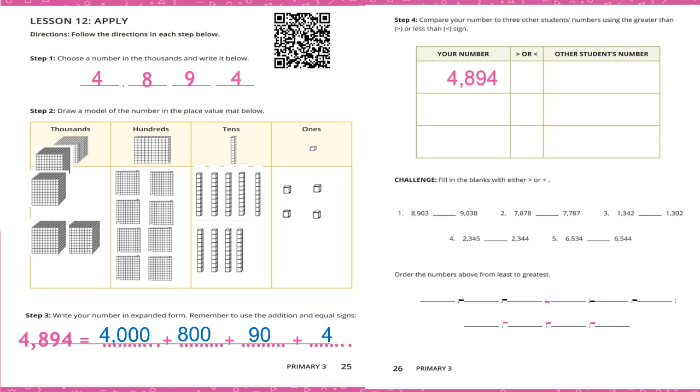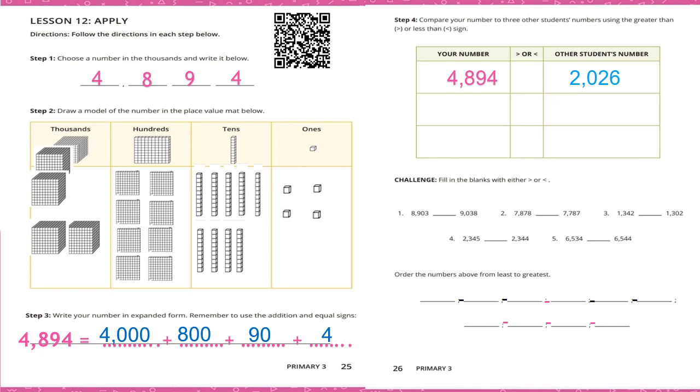Now let's compare our number to 3 other numbers. Here I have my number. If I give you another number, this one in blue color, let's read this number, 2026. Which is the greatest number here?